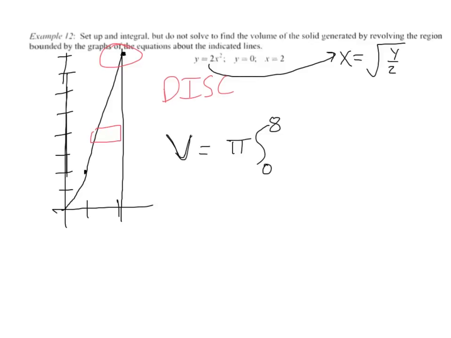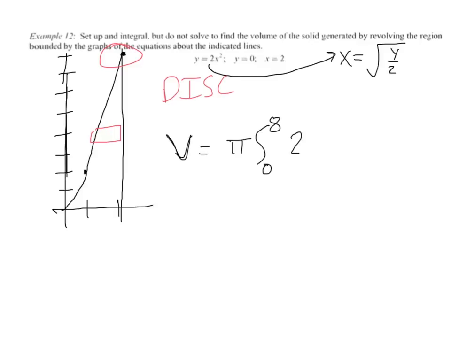And again, disk method, I have one radius. I need to start measuring from here. So how do I measure this from here to there? And the easiest way to do that is to say, well, what's this entire distance minus this little piece right here? So this is 2. And remember, this is all one radius right now. Okay, I'm trying to represent one radius because it's the disk method.